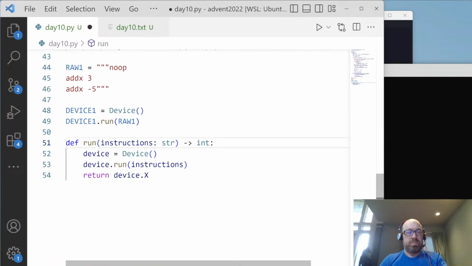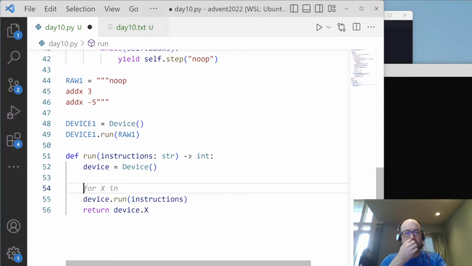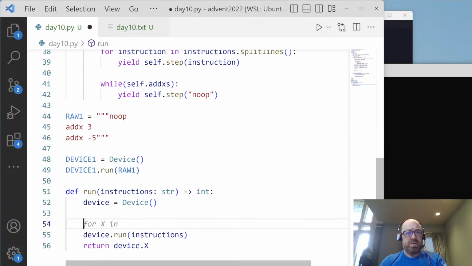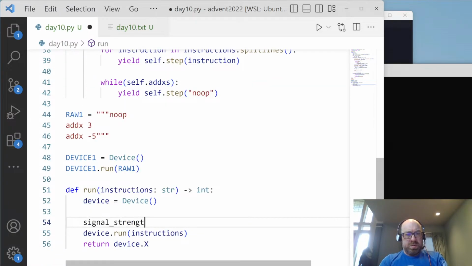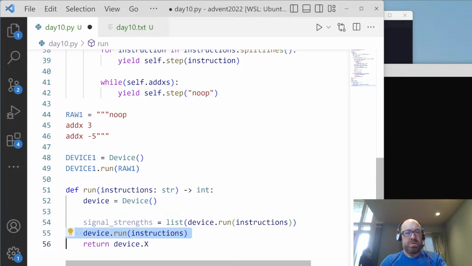Okay. And let's say signal strength equals list of device.run(instructions).